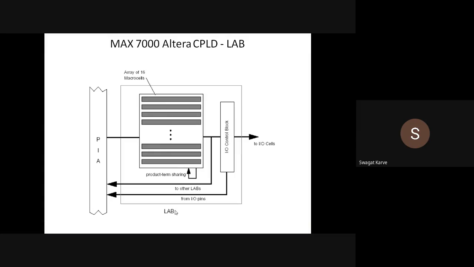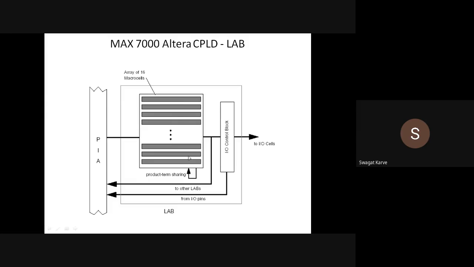Then what is the structure of this typical LAB, that is logic array block? As you know, it has 16 macrocells in a group of 8 and 8. These are the macrocells, an array of macrocells. It is connected to this PIA, programmable interconnect array, as well as to this input output control block.